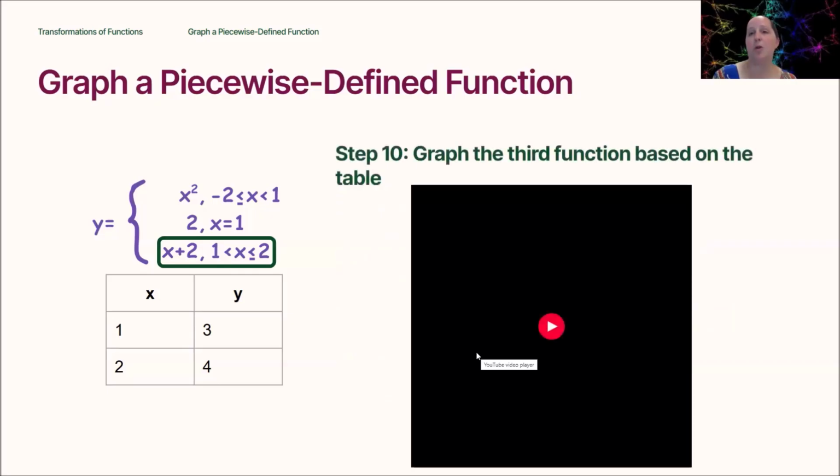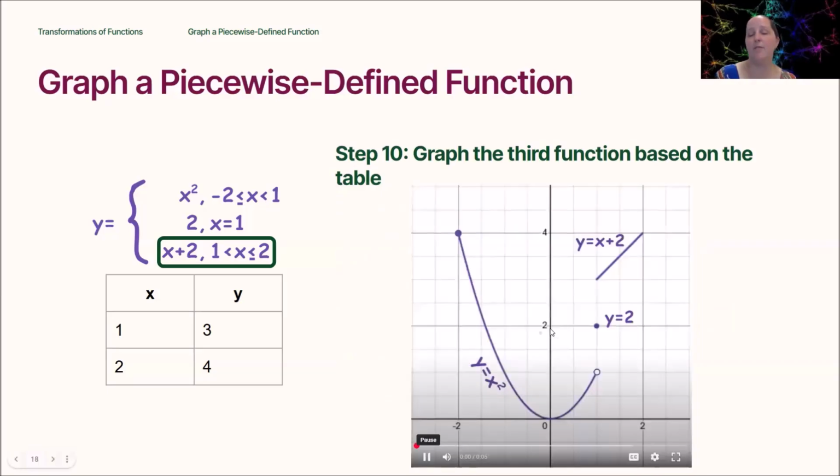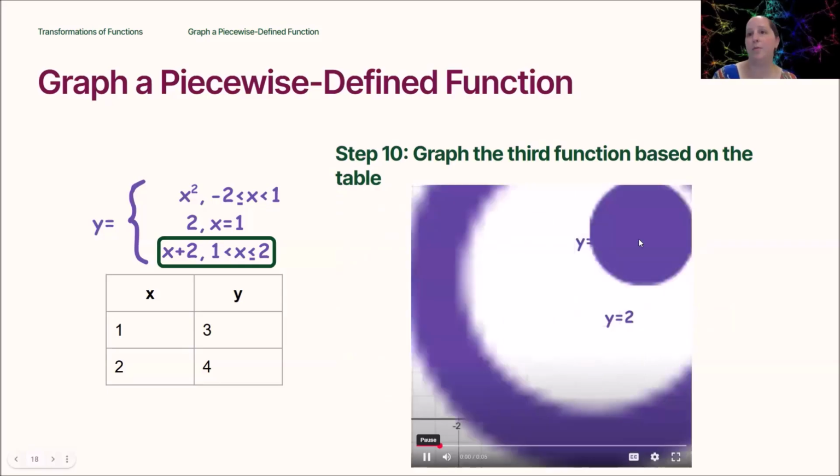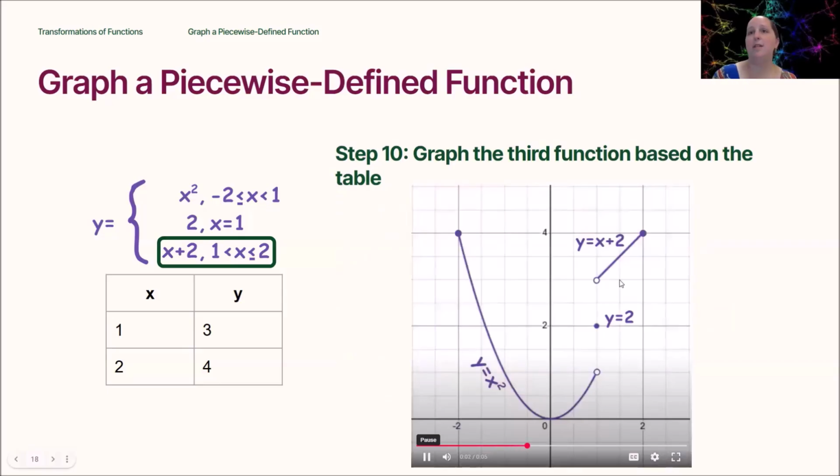Okay, so I'm going to graph my third function based off of the table that I have. Okay. And then I've got my graph here. So I plotted a point at 1, 3, and I plotted a point at 2, 4, and I connected them. Notice that the 1 is an open circle, but the 2 is a closed circle.